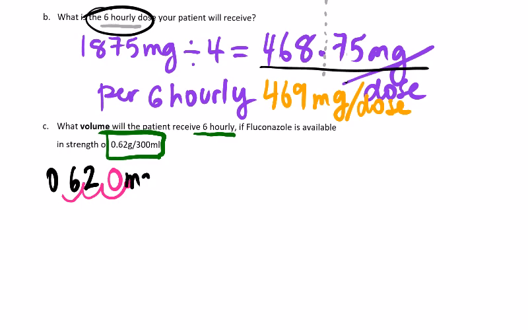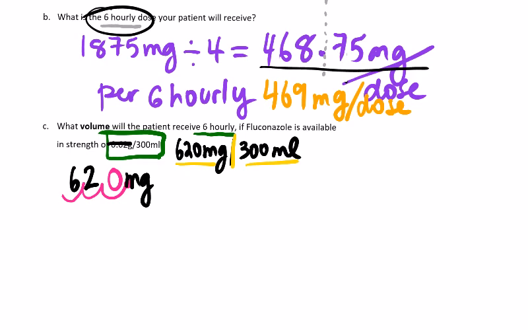So what do we get? 620 milligrams. So instead now of writing 0.62 grams, we are actually saying 620 milligrams per 300 mils. That is our half. We have the two quantities, the concentration of the drug.